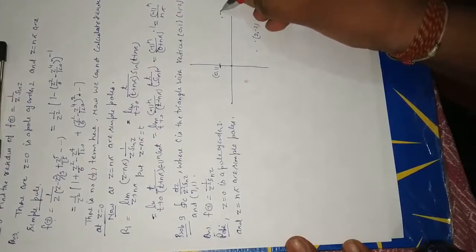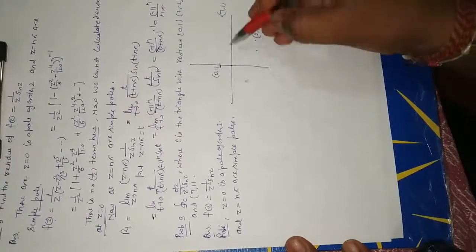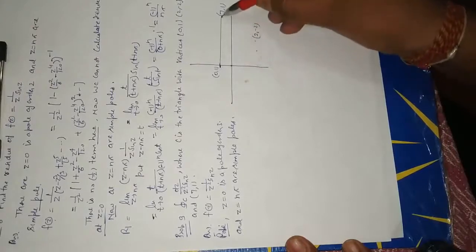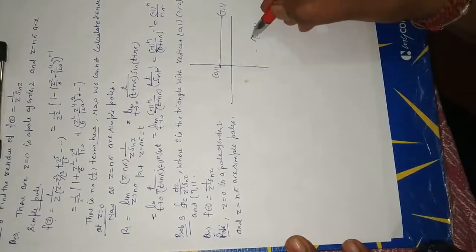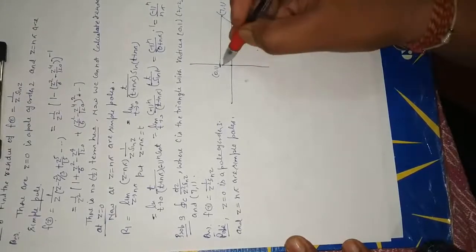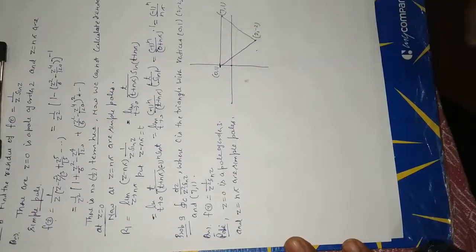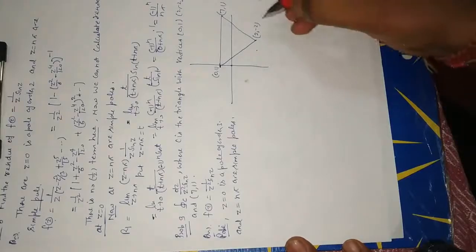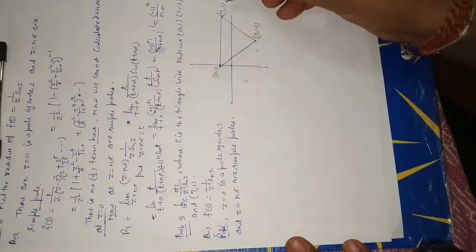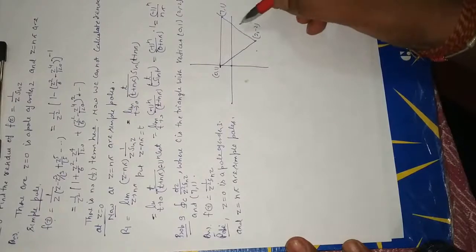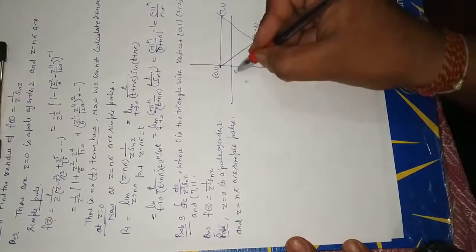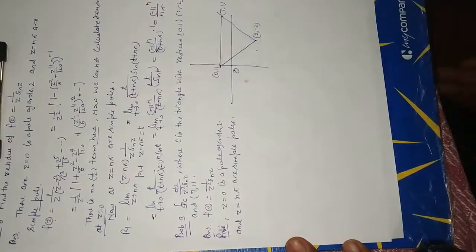Now 7, 1 say, therefore C is the triangle whose vertices are 0, 1, 2, minus 2, 7, 1. This is the 0.